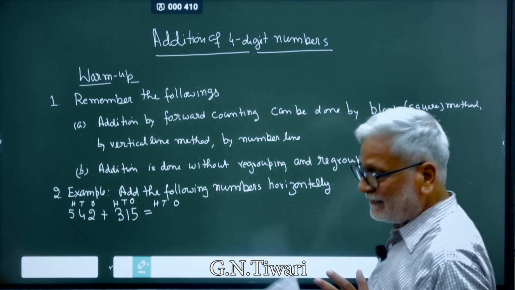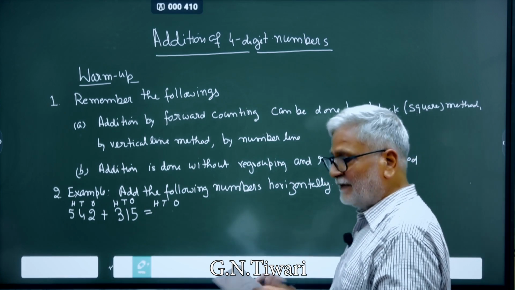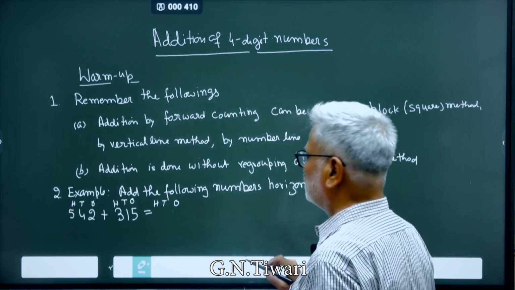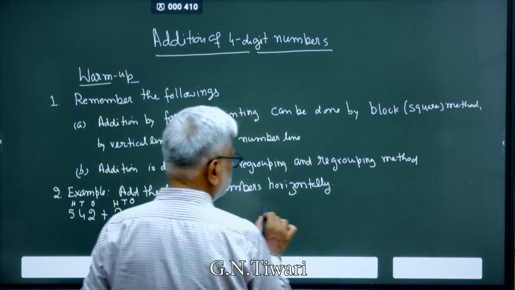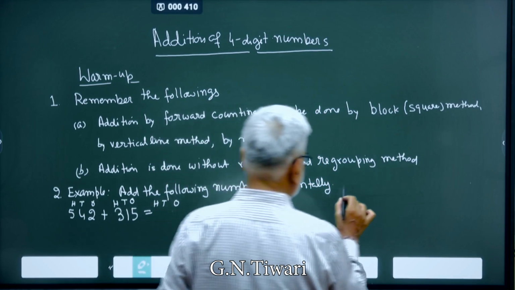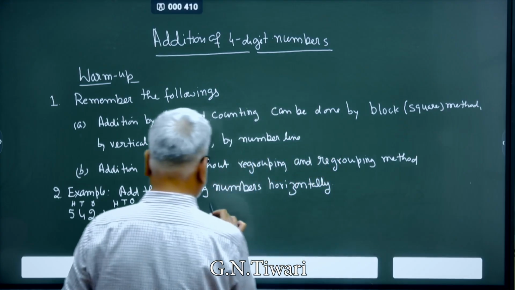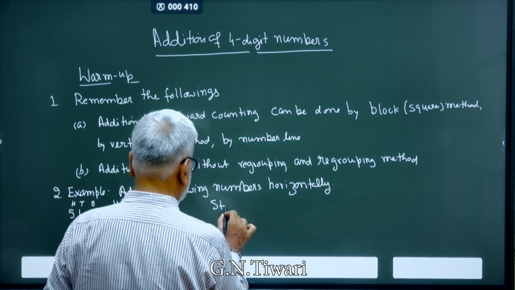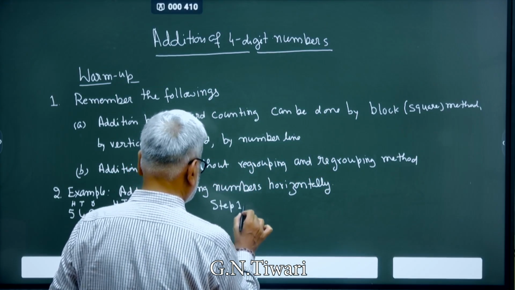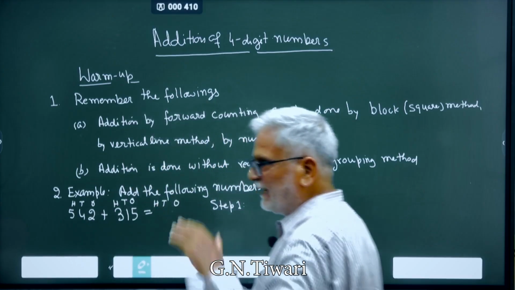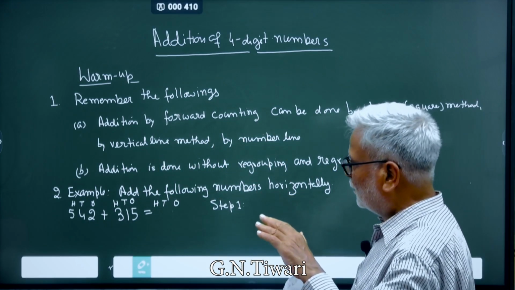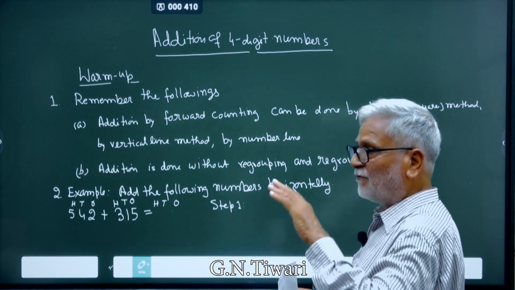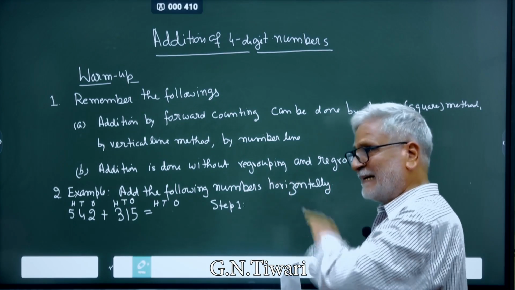Why is it important? Because I am going to solve this question stepwise. What is the first step? Just see. Step 1. Add ones of the first addend and the ones of the second addend.